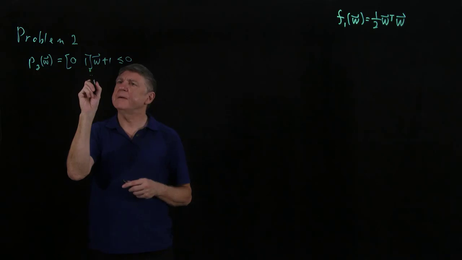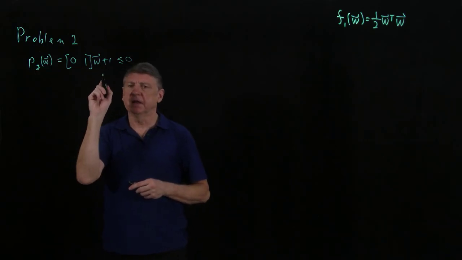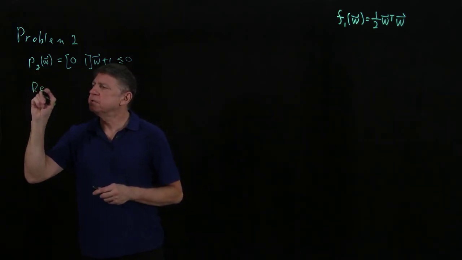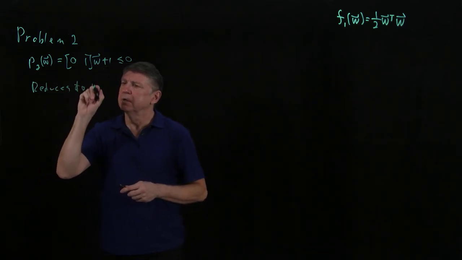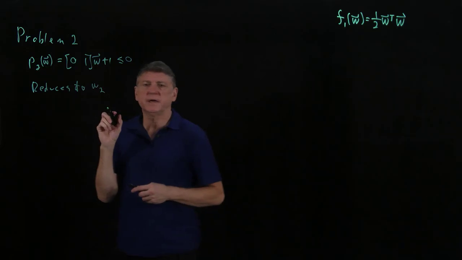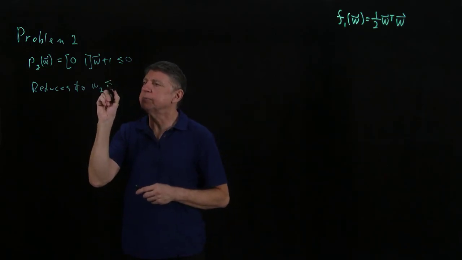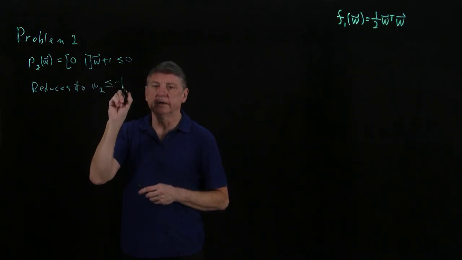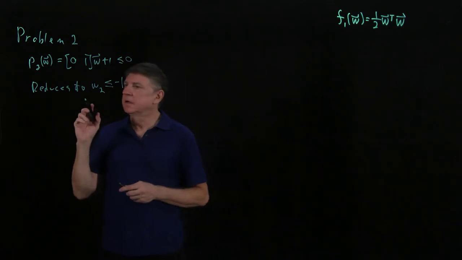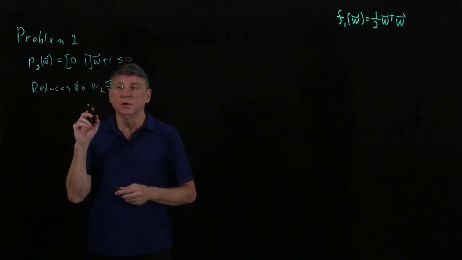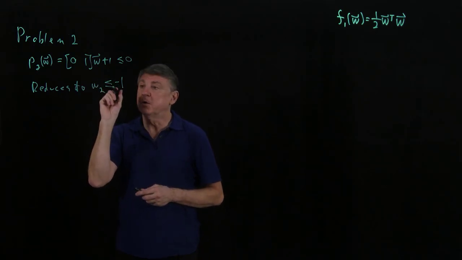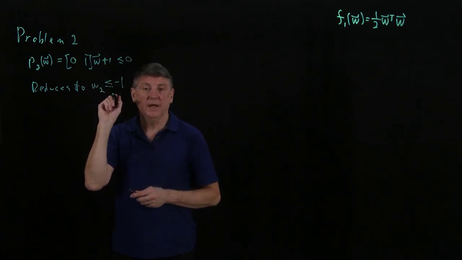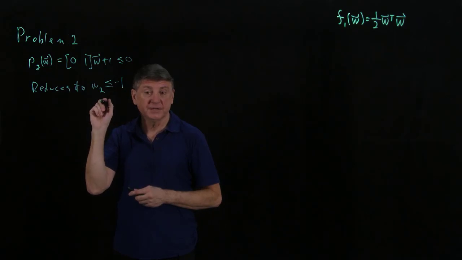When we examine that, it reduces to the second entry of the argument vector has to be less than or equal to minus 1. And a constrained solution will then be: we hold this entry equal, and we drive the first entry to 0.